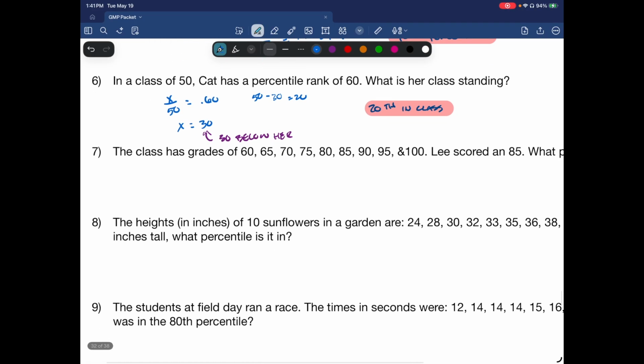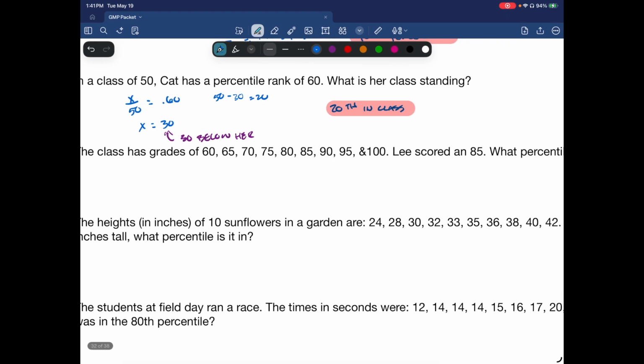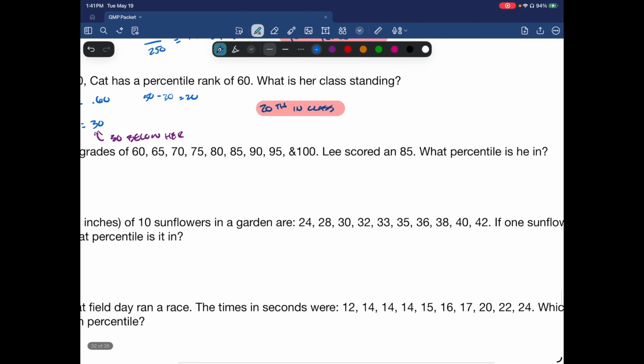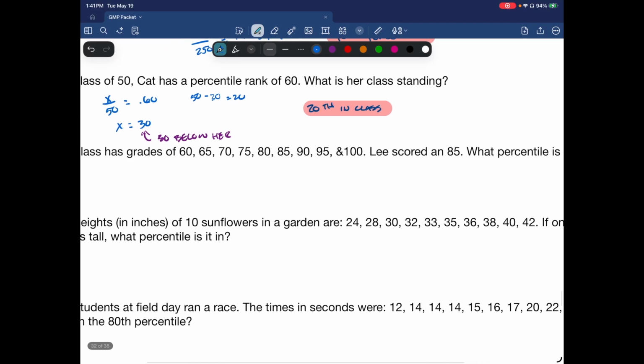Okay, on number 7, it says the class has grades of 60, 65, 70, 75, 80, 85, 90, 95, 100. Lee scored an 85. What percentile is he in? So we have 1, 2, 3, 4, 5, 6, 7, 8, 9 scores.